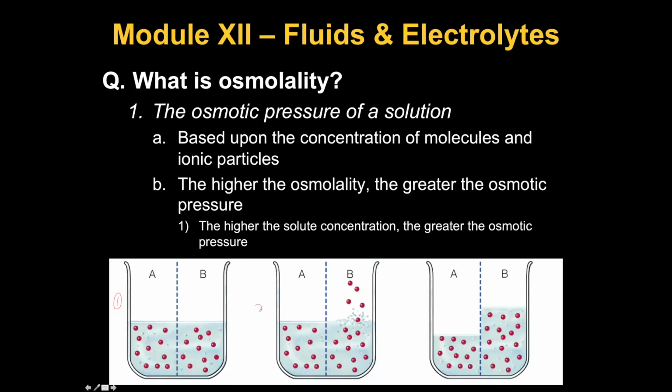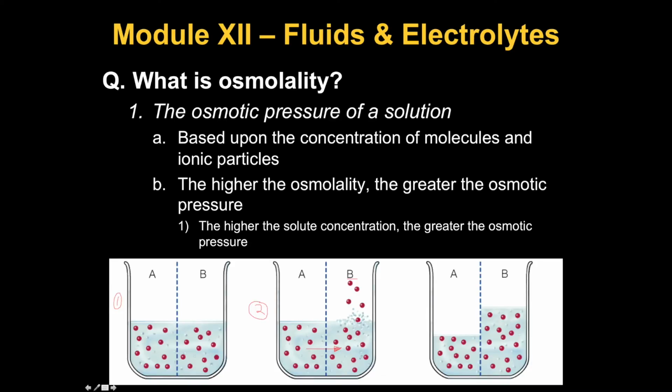Now, in beaker number 2, we've added more solute particles to side B of the beaker. When we increase the osmolality by increasing the amount of ionic particles there, we create a pressure difference in the water distribution. The osmotic pressure is now going to be driven towards side B of the beaker.